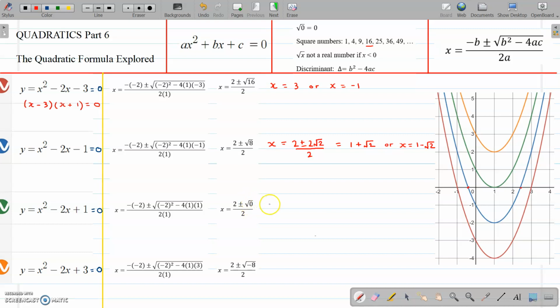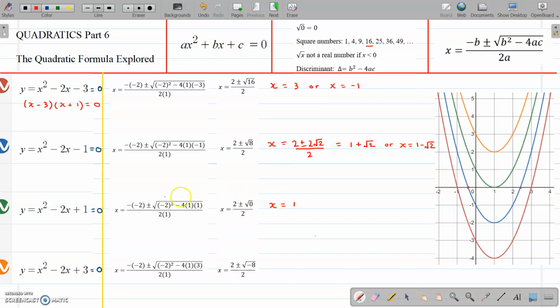Of course you get a rather interesting result with that, because whether you do 2 plus root 0, or just 0, 2 plus 0 over 2, or 2 minus 0 over 2, either way you get the same answer, which is that x equals 1, which seems to confirm what we see on the graph here, because it's touching at 1 but it's not crossing to give 2 solutions, so it's only giving one, what we call one repeated root or one repeated solution.